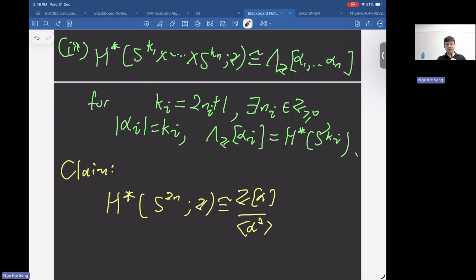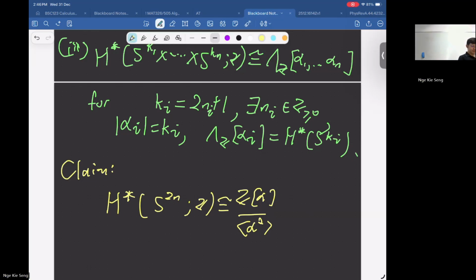Exterior algebra X2. What's the difference between the odd sphere and the even sphere? Maybe I will try and write that out.